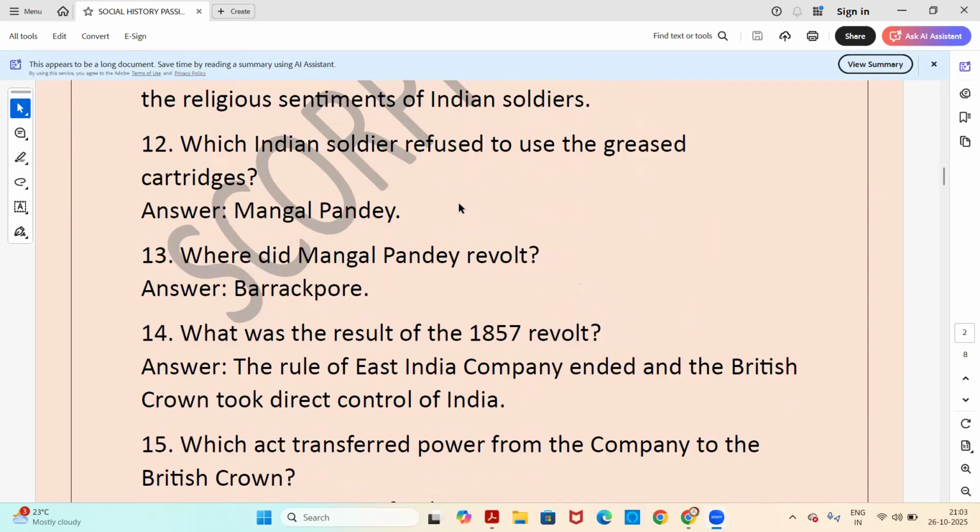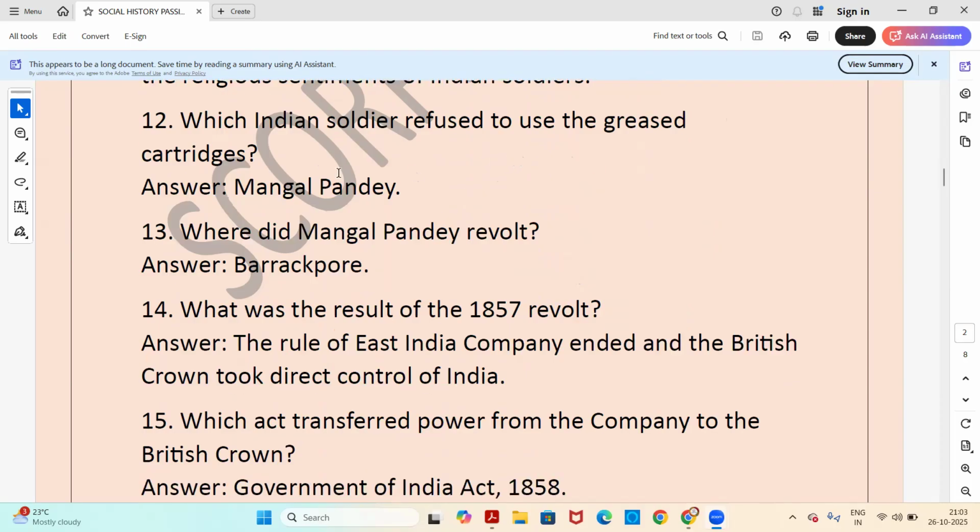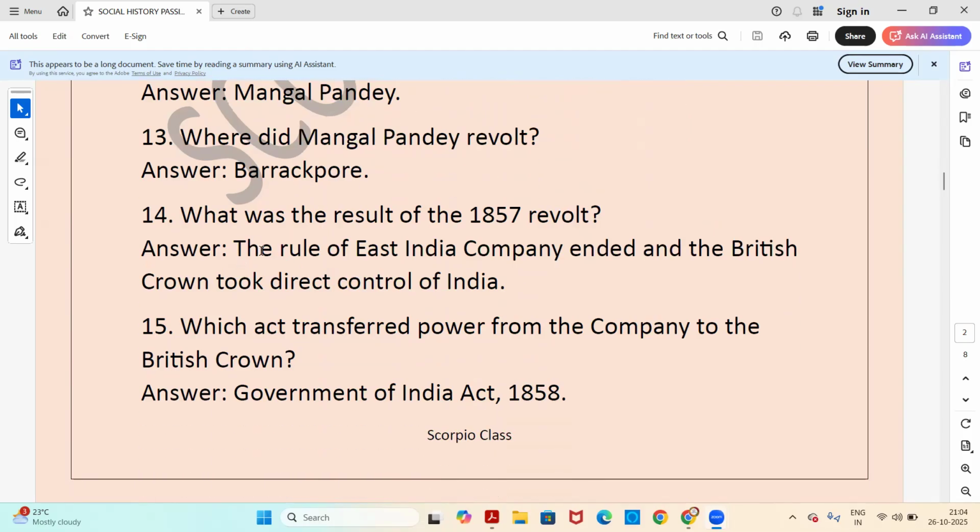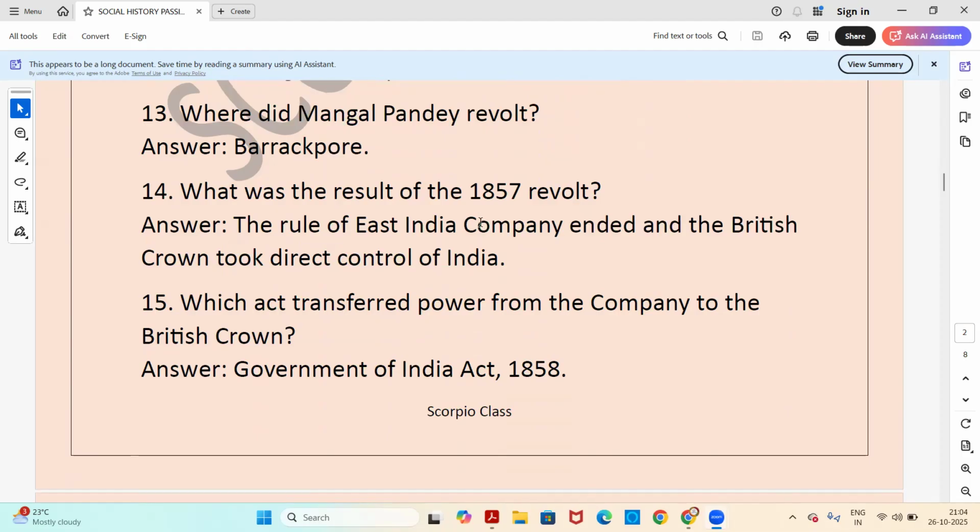Which Indian soldier refused to use the greased cartridges? Answer is Mangal Pandey. Where did Mangal Pandey revolt? At Barrackpore.